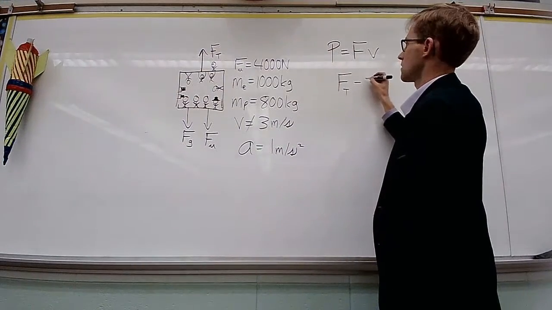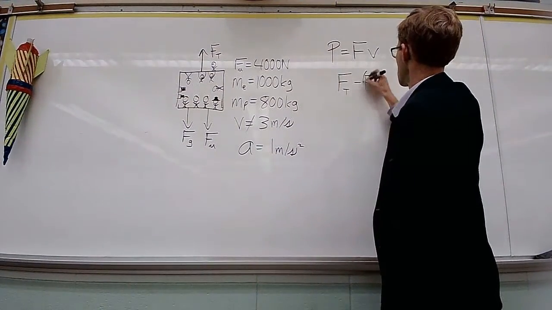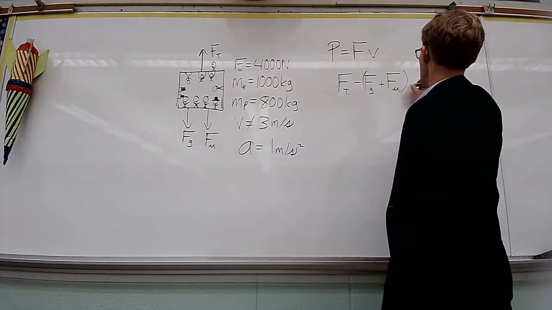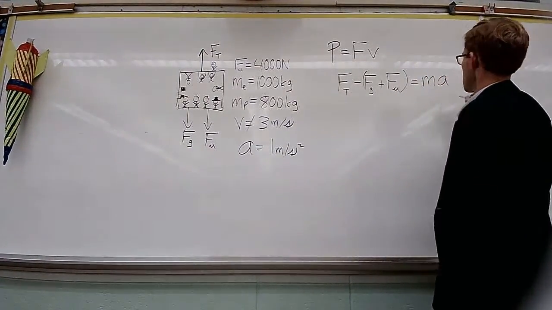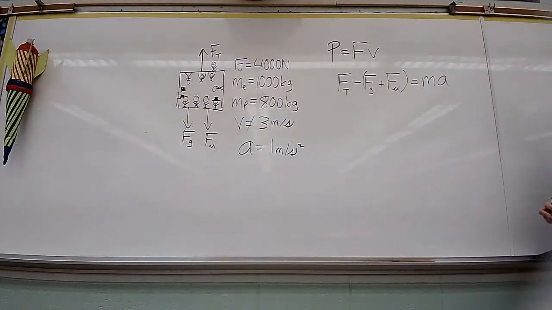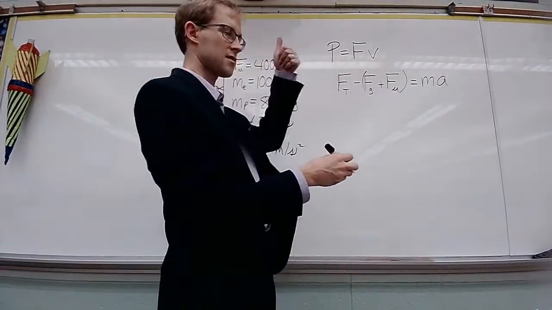Okay. So in this equation now, it is a little bit different because instead of setting our acceleration equal to 0, we have it equal to 1. So we got to solve for that tension force. And it's going to be a little bit bigger because now we're accelerating upwards.